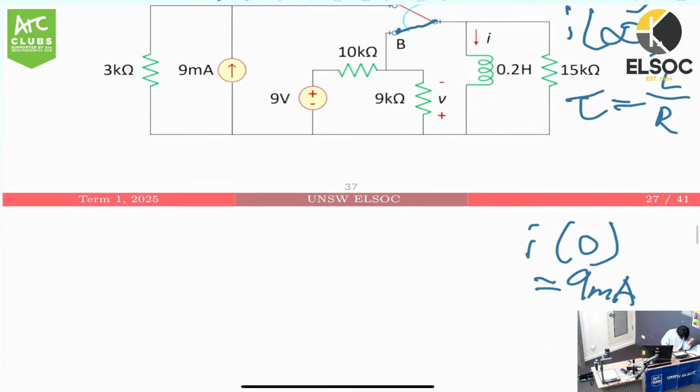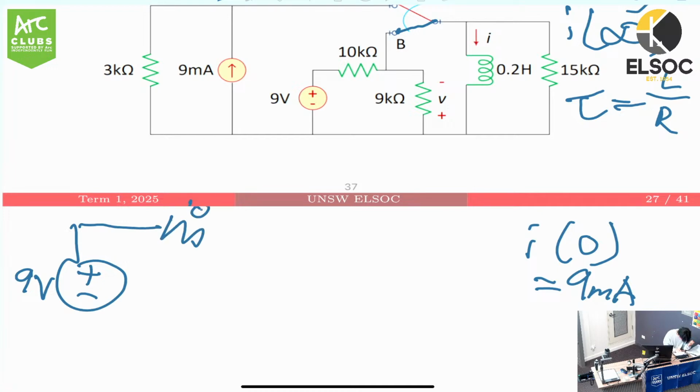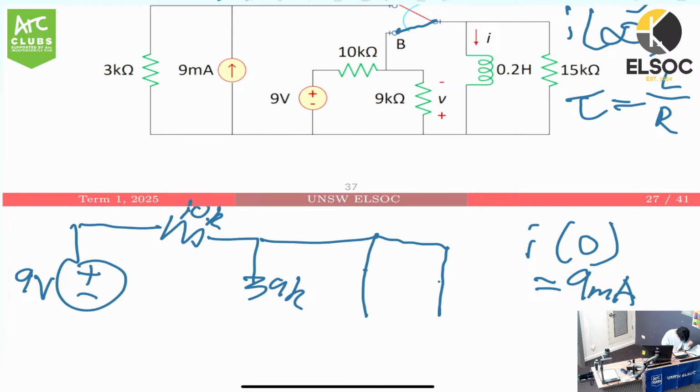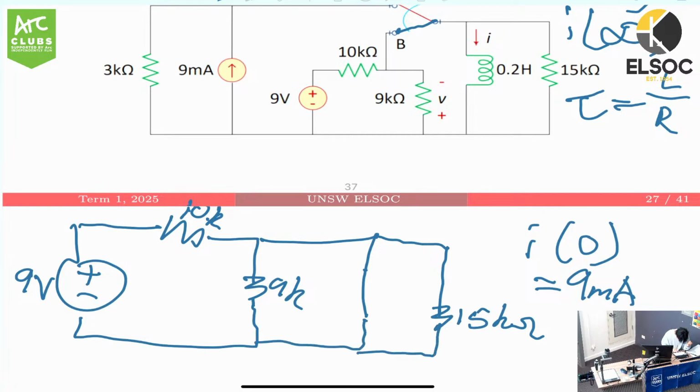Once again, we can redraw that: 9 volts, 10,000 ohm resistor, 9,000 short circuit through the 0.2, and 15,000, like this.